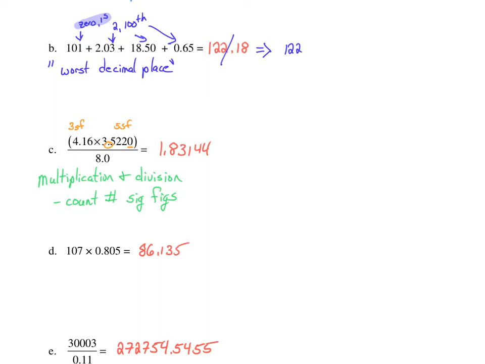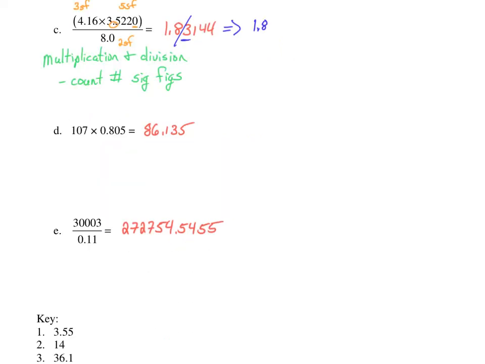Same is true for the denominator, which has 2 sig figs. In this case, our answer is limited to 2 sig figs. The first number we drop is less than 5, so we just drop all of the digits past the 8. Our correctly reported answer is 1.8.